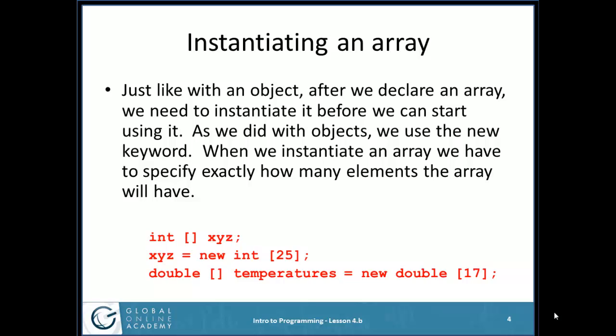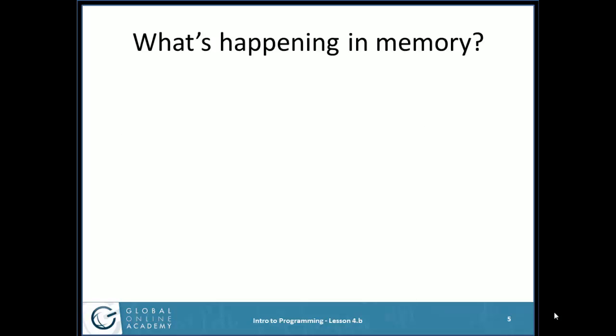And of course, I could combine those two statements into one. I can combine the declaration and the instantiation on one line. I can say double[] temperatures = new double[17], meaning make temperatures a variable that points to an array, each element of which is a double, and now create the array that has 17 elements, each of which is a double.